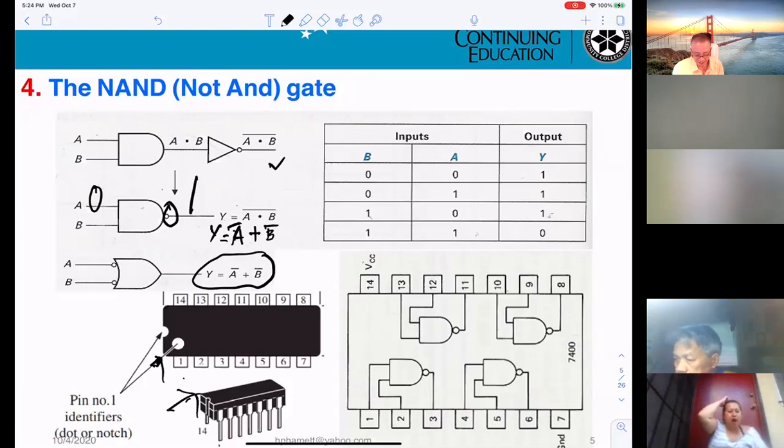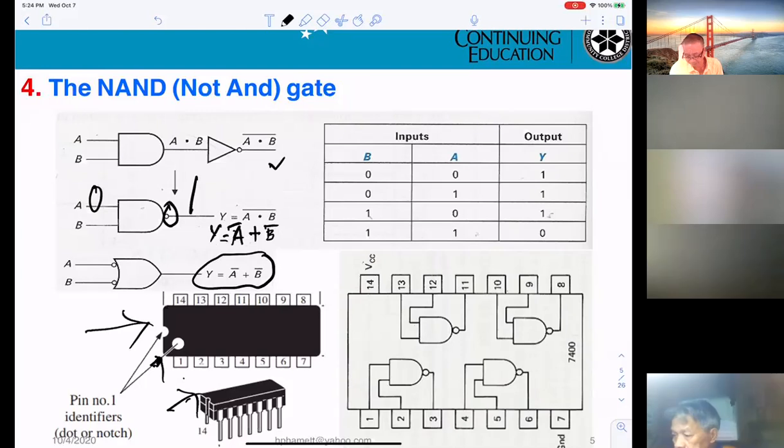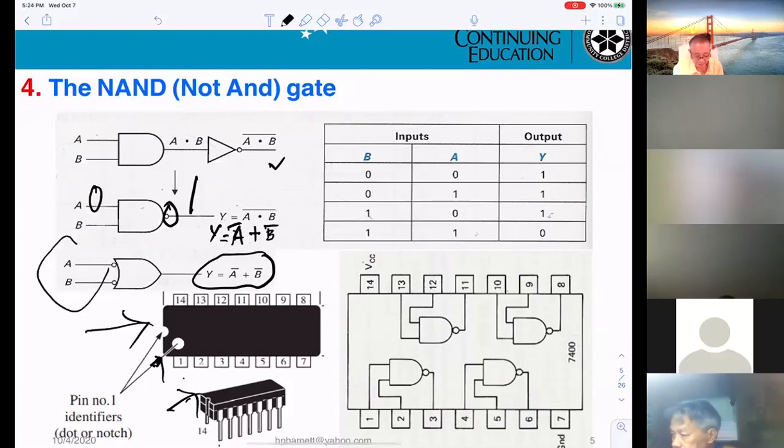No, go up more, the one above. Oh yeah. No, that's the same NAND, but they're using the bubble in the back. This is a NAND gate too. It's the same NAND, but they're using an OR gate to make a NAND.